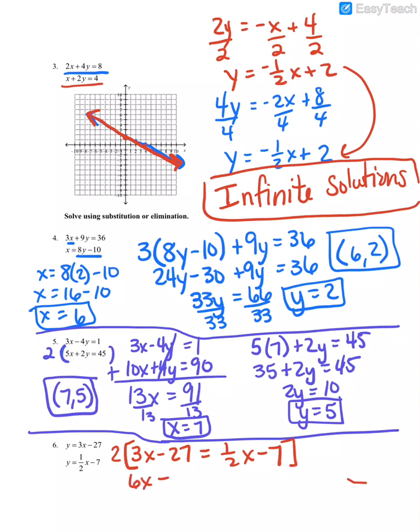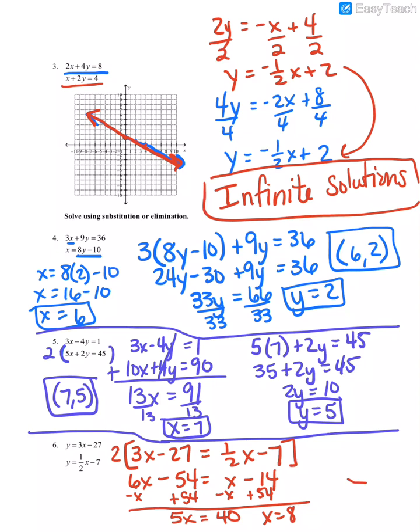So 6x minus 54 is equal to x minus 14. I'm going to add 54 and subtract x. So 5x is equal to 40, so x is equal to 8.